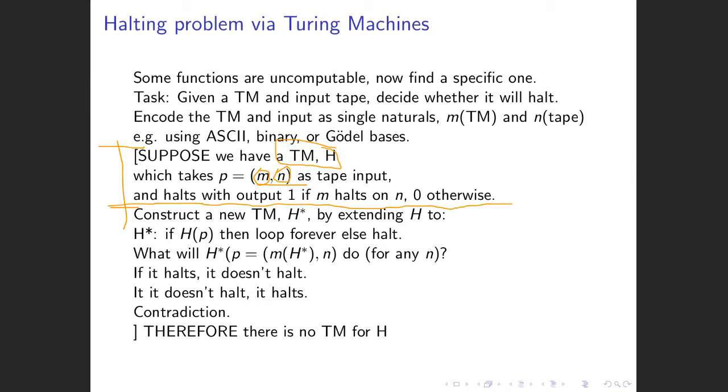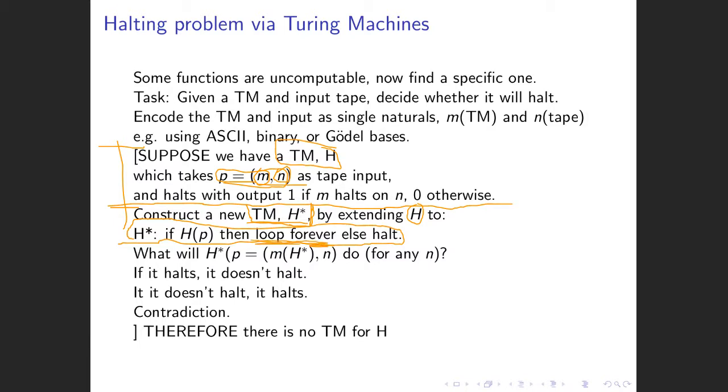So we suppose that we've got H. We are now going to make a new Turing machine called H star, and this is going to be a relatively small modification of H. We're going to use H as a subroutine. So all H star is going to do, it's going to call H with that input, and if H is true, then loop forever.